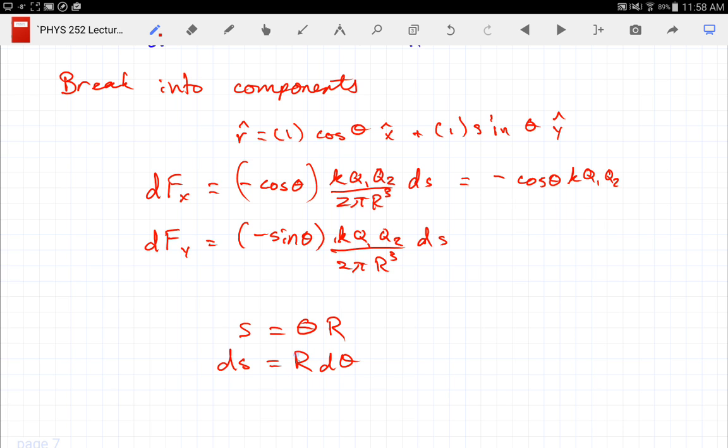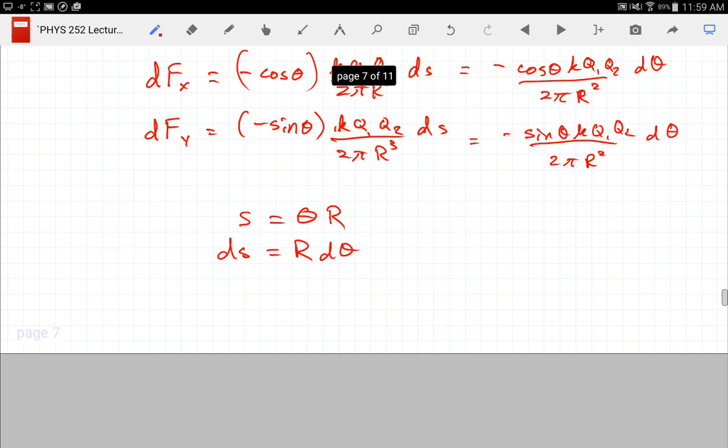So since there's an r on top and r cubed on bottom, I'm just going to make it over 2 pi r squared, capital R, d theta. So now I'm down to these rather simple beasts. And now I have to integrate both of them.